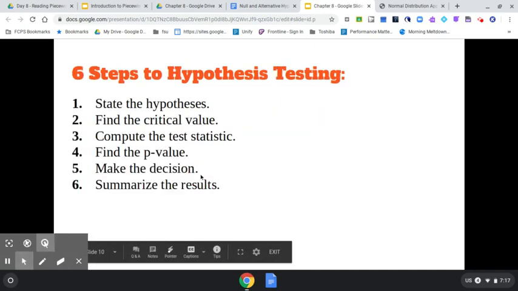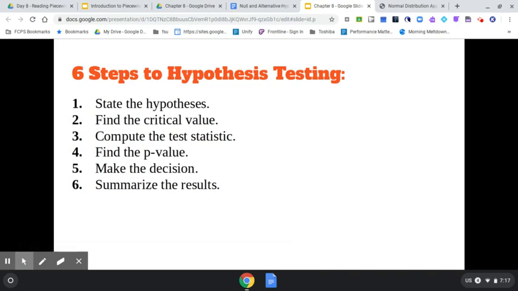So there's actually 6 steps to the hypothesis testing process that we're going to be using. We've completed step number 1 today: state the hypotheses. Be sure that those hypotheses are always in terms of the population parameter, in other words, for today, the population mean mu.